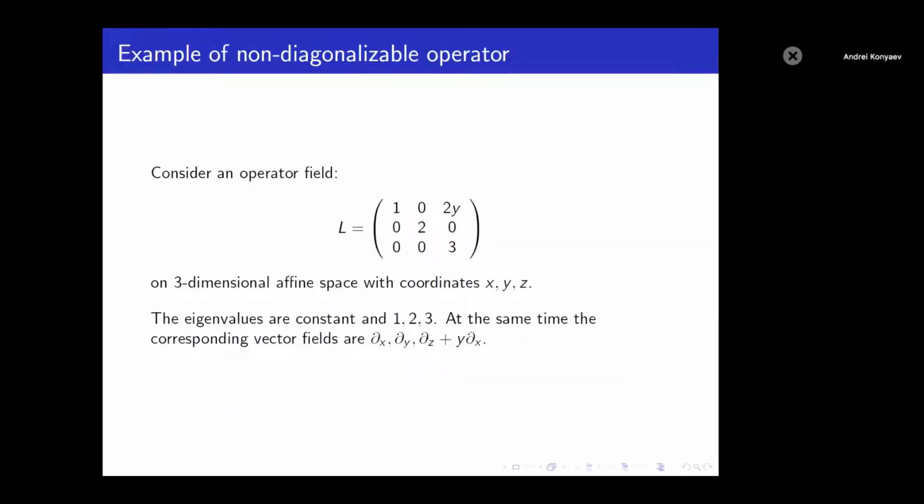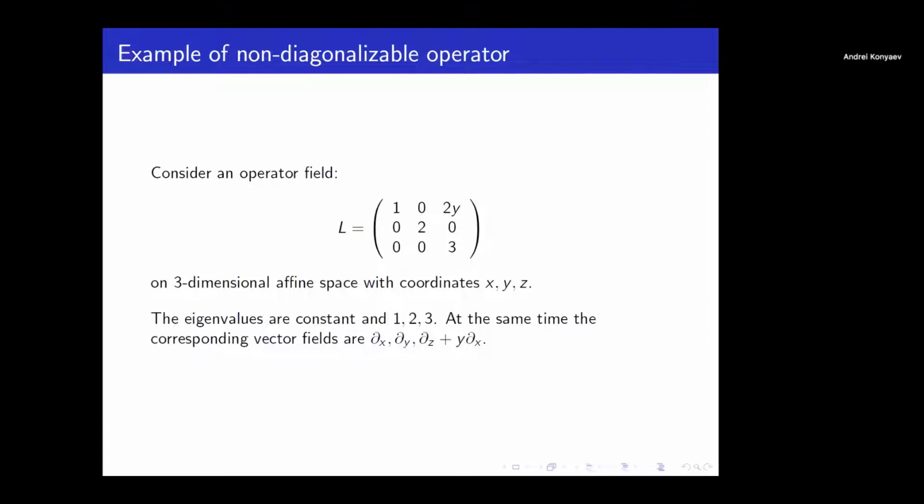Okay, let's look at this operator. It has 3 pairwise distinct eigenvalues, obviously 1, 2, 3, and it is 3-dimensional, so we have a condition. We want to understand that this operator is not diagonalizable. How do we do that?